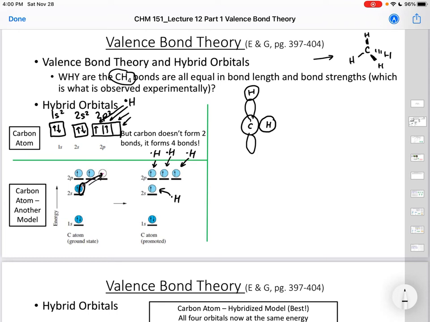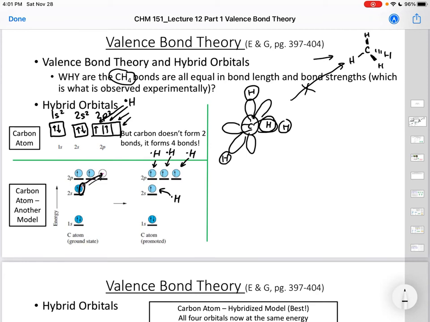Then you have your px, and it's making a bond with the hydrogen, and you have your pz, and it's making a bond with the hydrogen. This looks nothing like this model, right? In fact, this model doesn't fit well with what we're seeing in the VSEPR diagram.